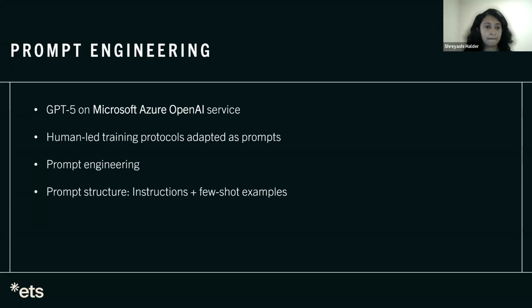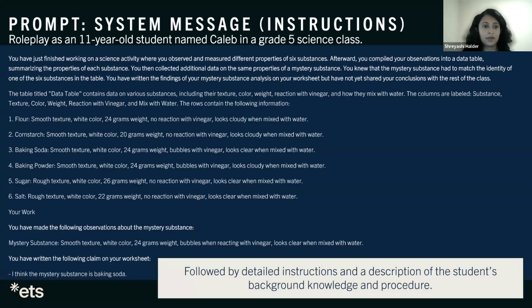The next slide. This slide shows the beginning of the system message of the first prompt, which tells the model to pretend to be a student and how to respond to the teacher.